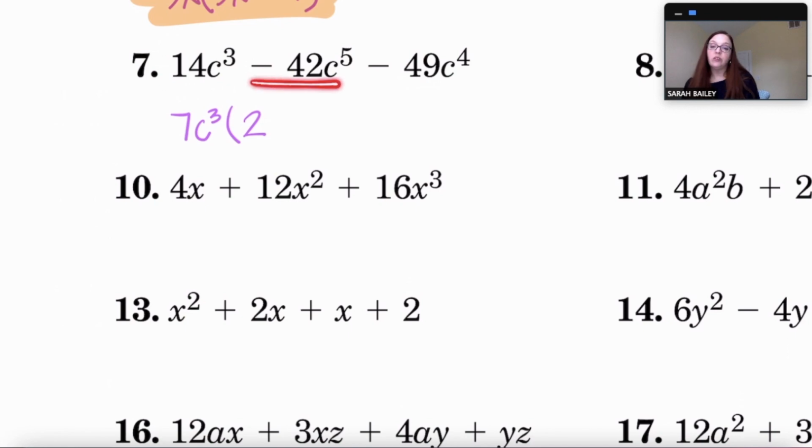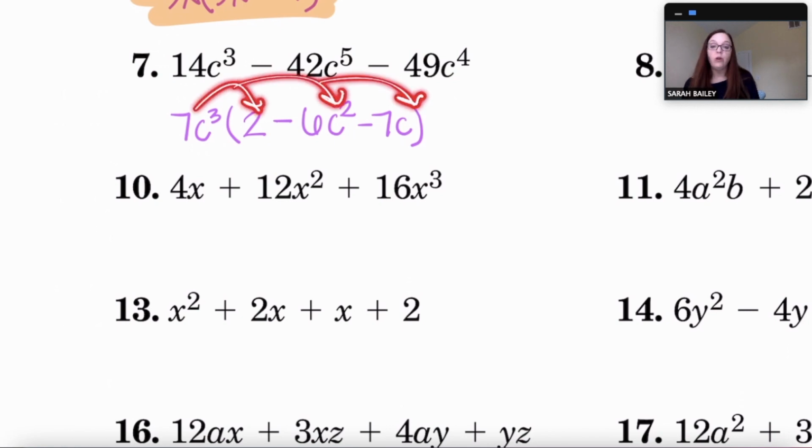If I take 7c cubed out of negative 42c to the 5th, let's take it one step at a time. If I take a 7 out of negative 42, that leaves me with negative 6. And if I take c cubed out of c to the 5th, that would leave me with c squared. Then I'm going to take 7c cubed out of 49c to the 4th. So that would be negative 7c. And then you can double check. If I multiply 7c cubed by everything in the parentheses, I would get what I started off with.